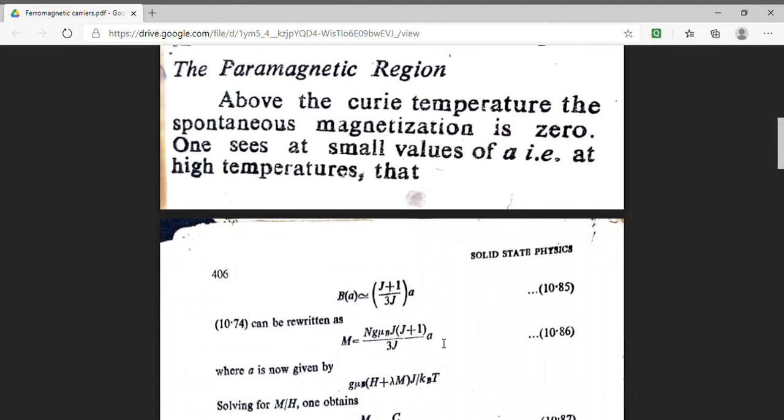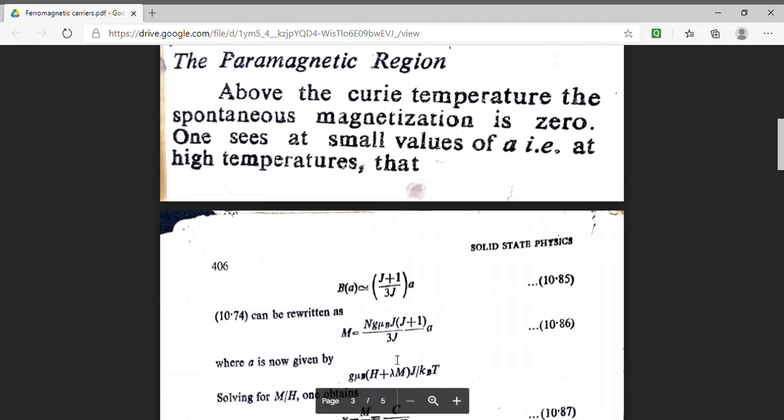Here g is the Landé factor, mu B being the Bohr magneton, and this factor a is expressed as g mu B (H plus lambda M) multiplied by J upon kB T. Here lambda is the Weiss field constant.